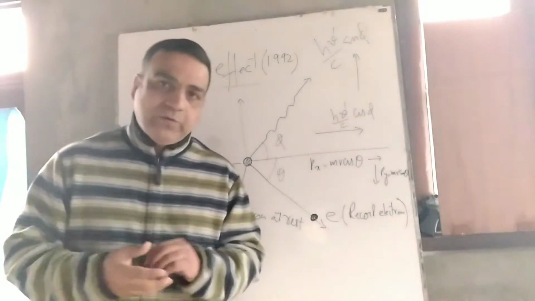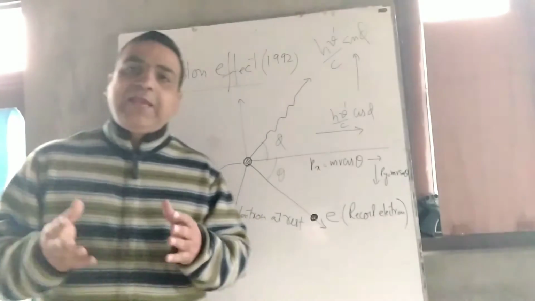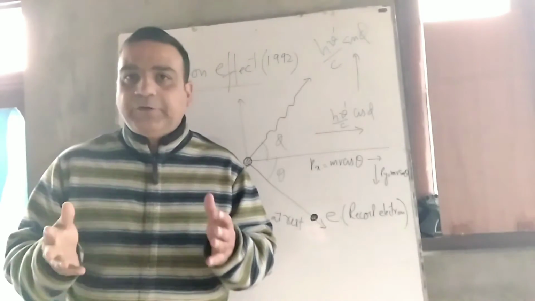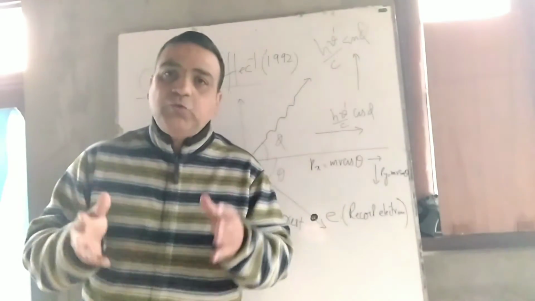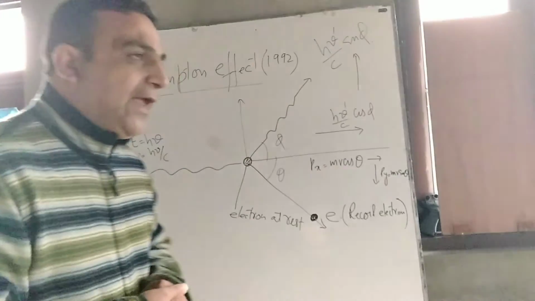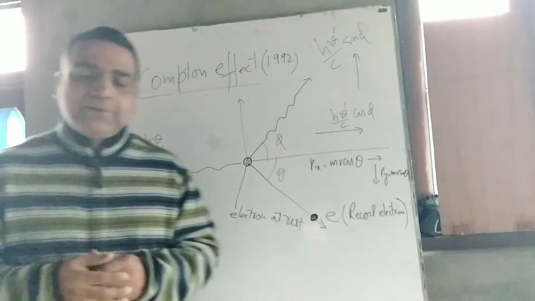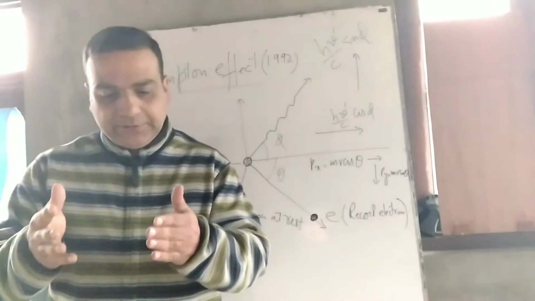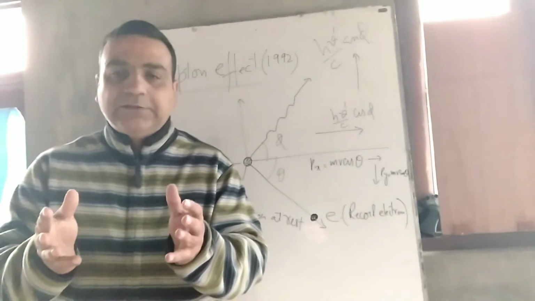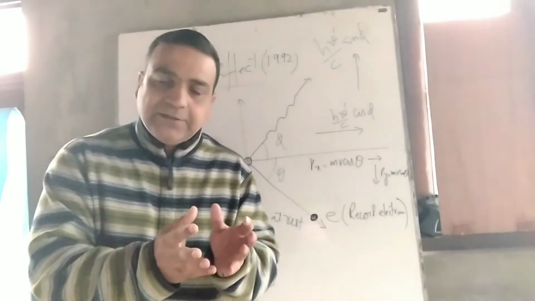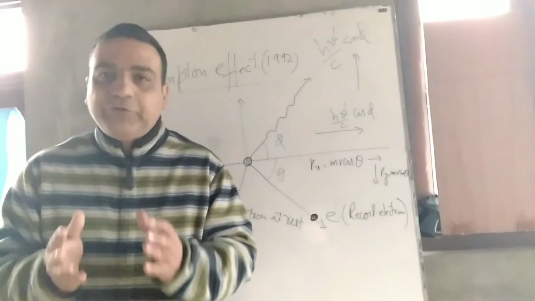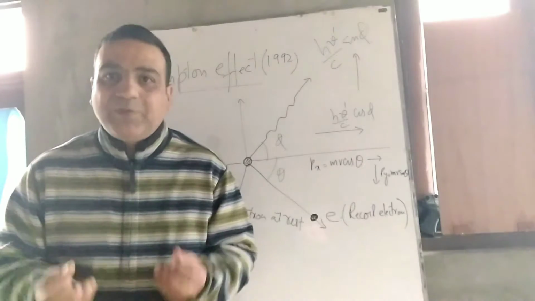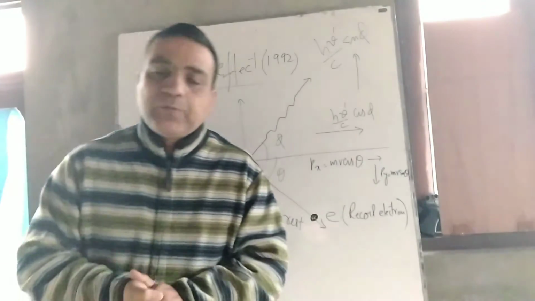So in order to explain what Compton did, he came up with two fundamental postulates. He came up with two fundamental assumptions. And what were these assumptions? The first assumption was that the radiation that is hitting the electron must be treated as a quantum of energy. It must be treated as a photon. It must be treated as a ball.